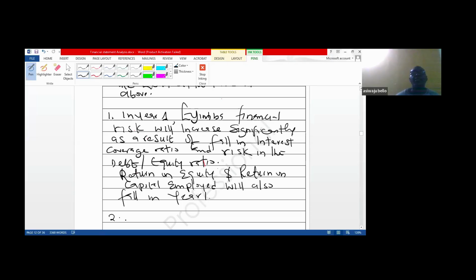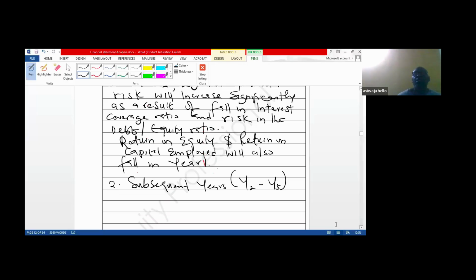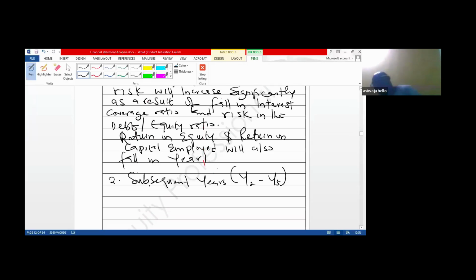Subsequent years, in brackets, year 2 to year 5, this ratio will improve. These ratios will improve.